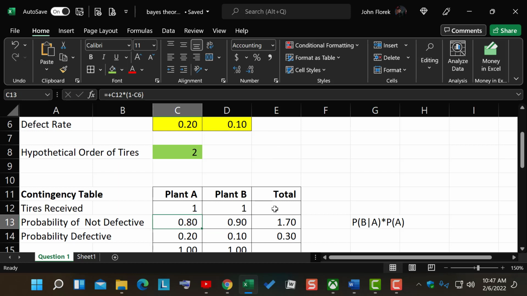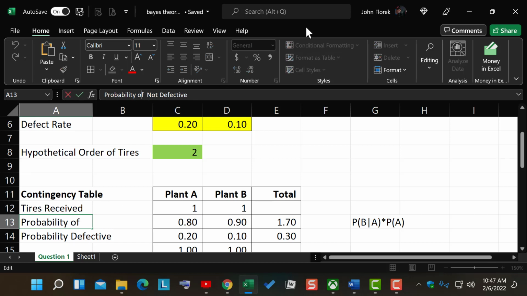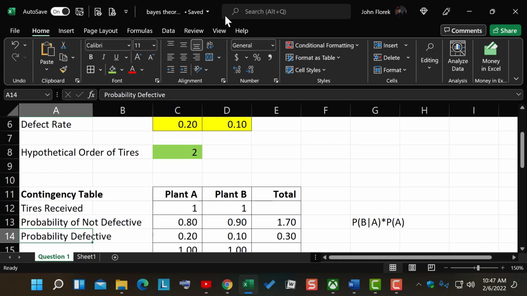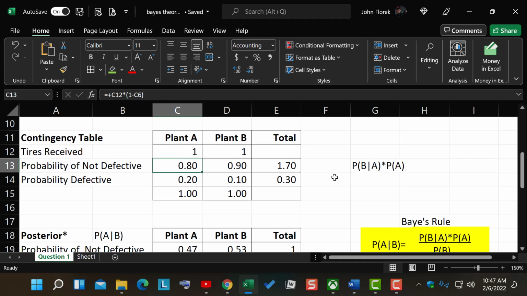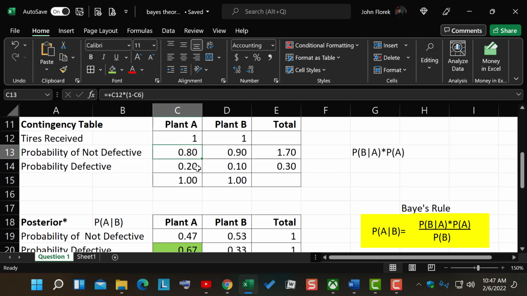And then again, I'm using the inverse of, well, what is the percent of non-defective tires? And I've got an extra space here. And that is 80%. And that makes sense. If 20% of the tires are defective, then 80% are not defective. And likewise, if 10% of the tires are defective, 90% are not defective.